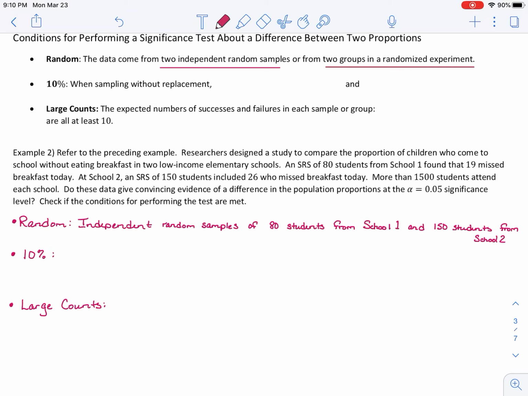When you're sampling without replacement, meaning when it's not an experiment, that's when you're going to check your 10% condition. That's when you're checking that your first sample size is less than 10% of that first population size, and the same thing for the second one.